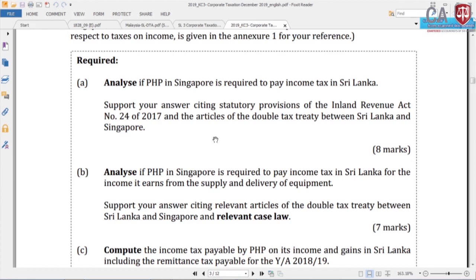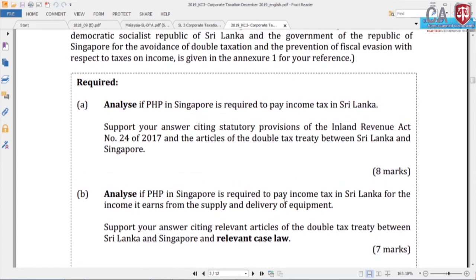In the second question, it seems they have a different transaction, a different project, which is a delivery of equipment. It's very specifically asking about supply and delivery of equipment. For that part, are they liable to pay income tax in Sri Lanka?